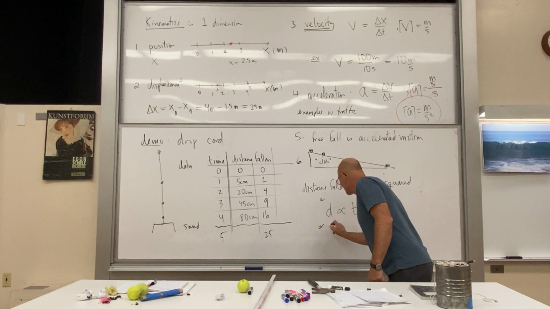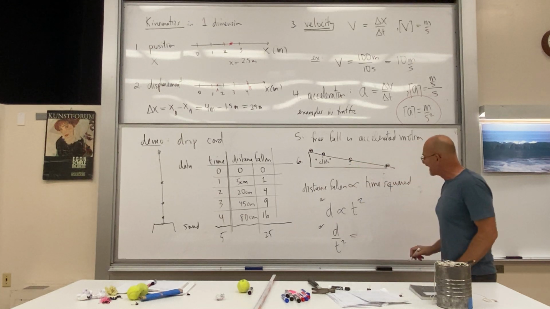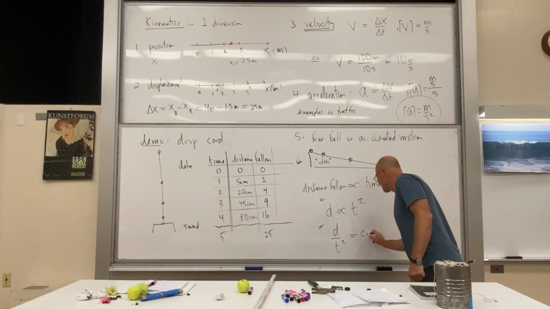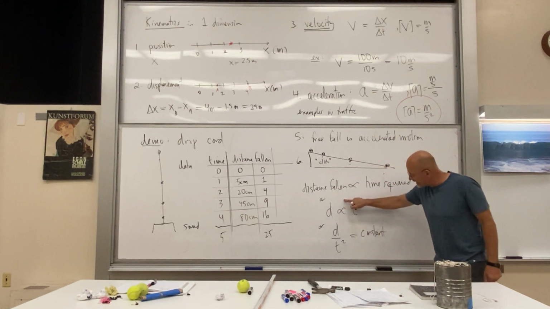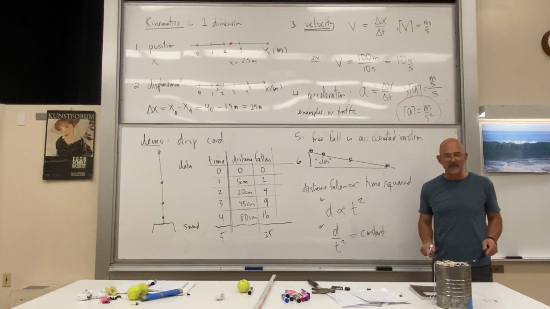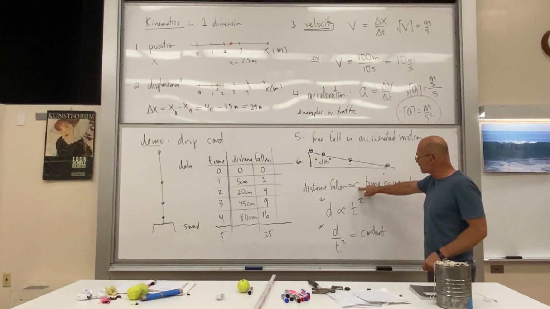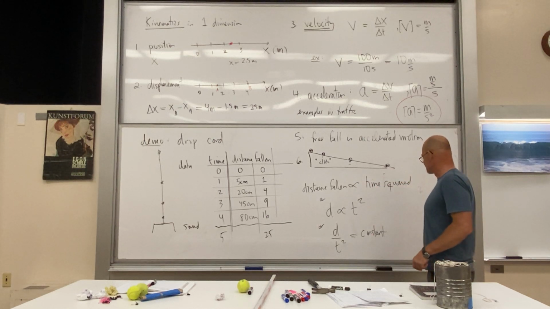And that means that if we divide both sides by t squared, we get a constant. The fact that there's a proportionality means that distance divided by time squared is some constant. That's what proportionality means.